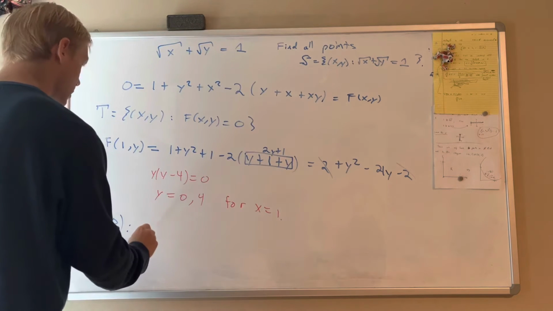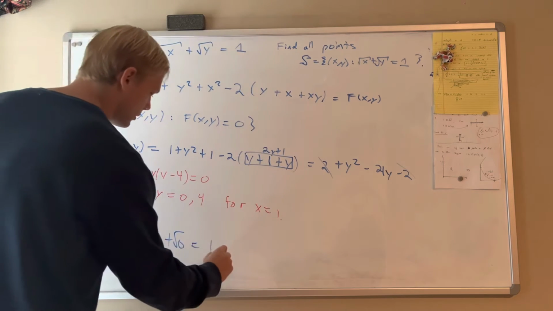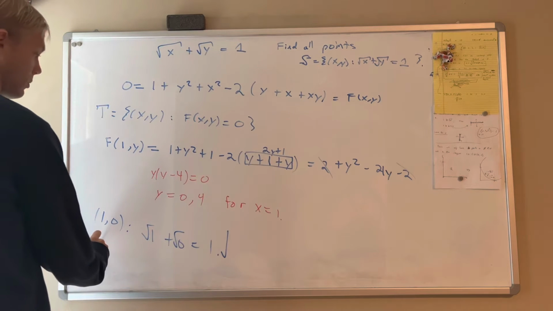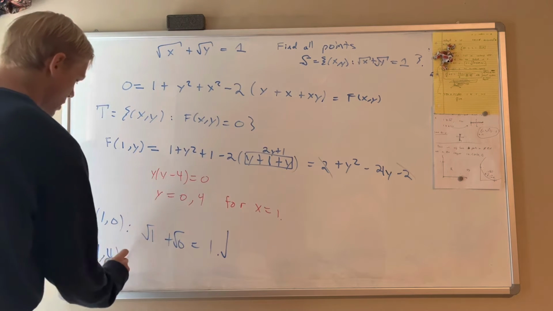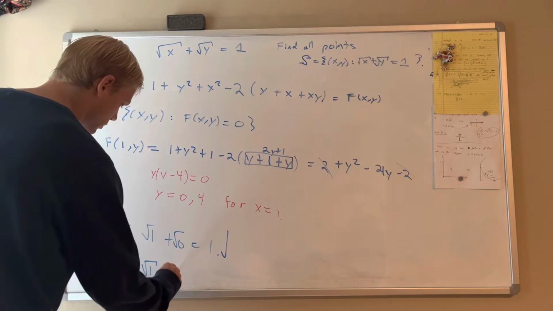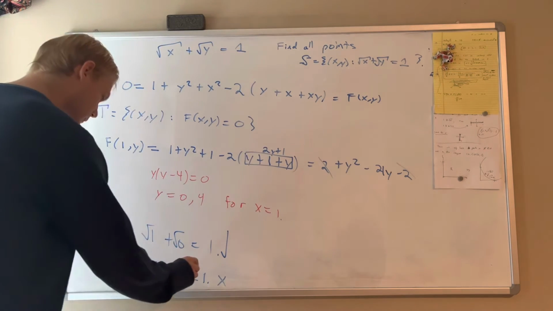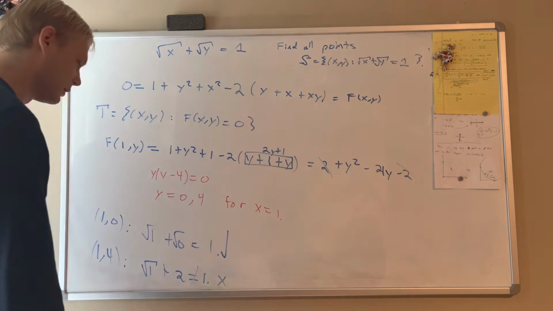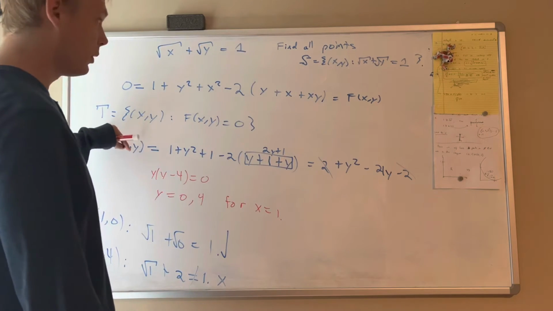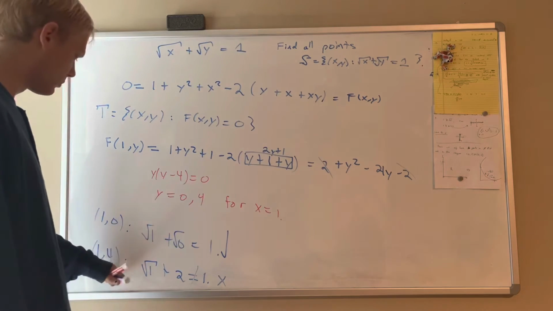You get 1 plus 0 is equal to 1. That is correct. And what about (1, 4)? You get 1 plus square root of 4 is 2. Is that equal to 1? No, it is not. So we got a solution here. So some points in T are in S, but not all points, apparently. So we will call this an extraneous point.